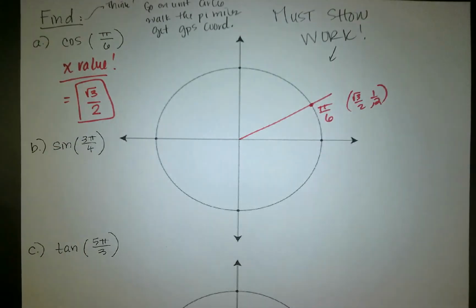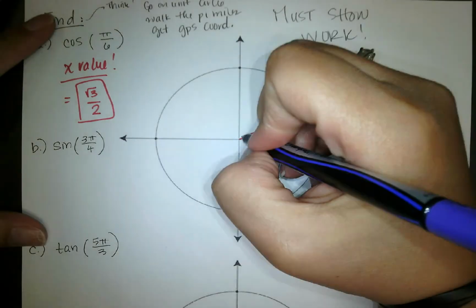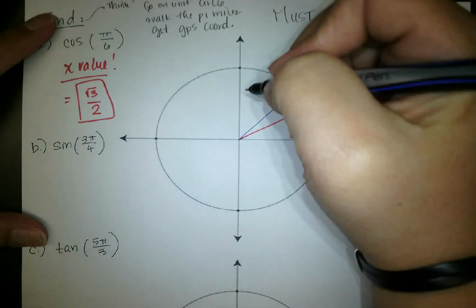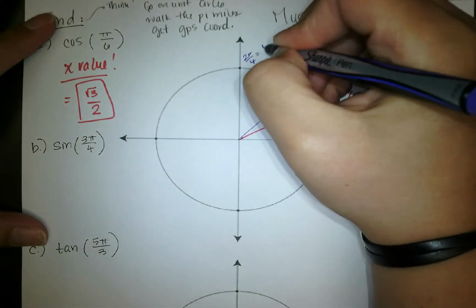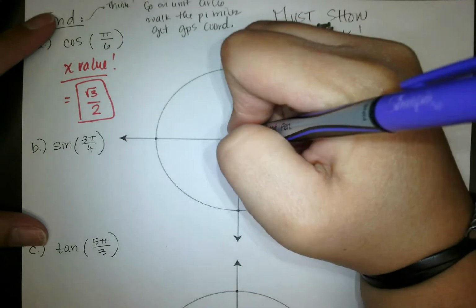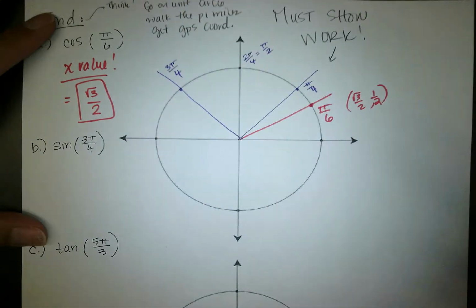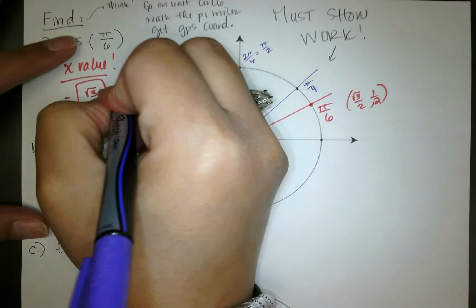Alright. Next, sine of 3 pi over 4, I'll do it on the same circle. So I have 1 pi over 4, and you might not draw all this out, but I'm just memorizing. You're counting 2 pi over 4, which is pi over 2, 3 pi over 4. Okay, and again, those coordinates, pi over 4s are the easiest ones.